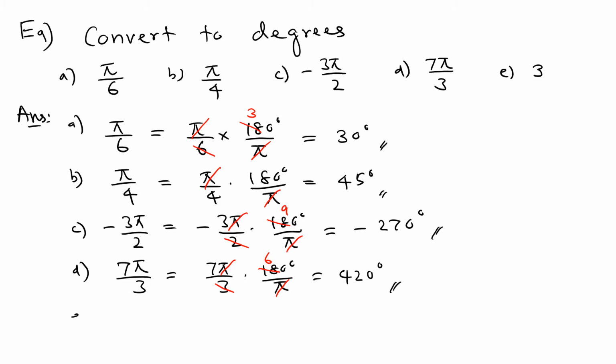And then E is equal to 3. So if you have 3, we just do the same thing. So 3 times 180 over pi. Now what we have to do is substitute the value for pi. So if you plug in the value, you're going to get 540 divided by the approximation 3.1415.